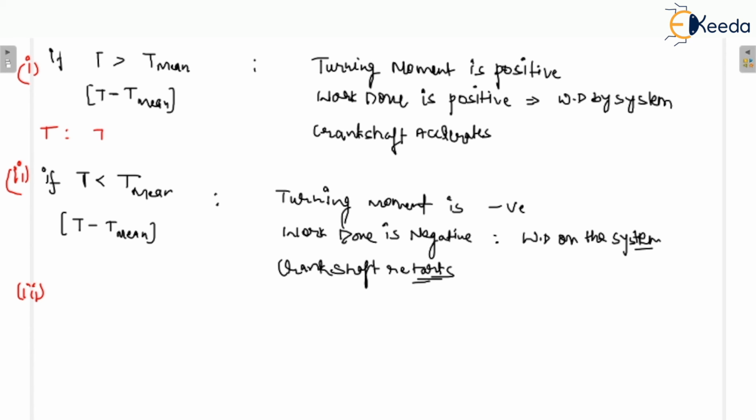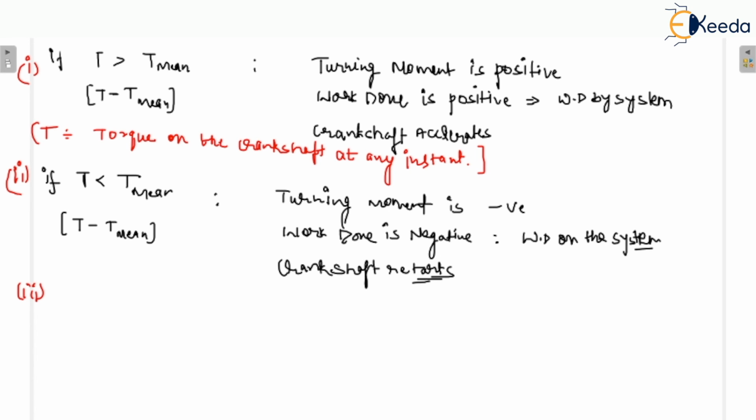T is basically the torque on the crankshaft at any instant. Okay, so this is the torque T.